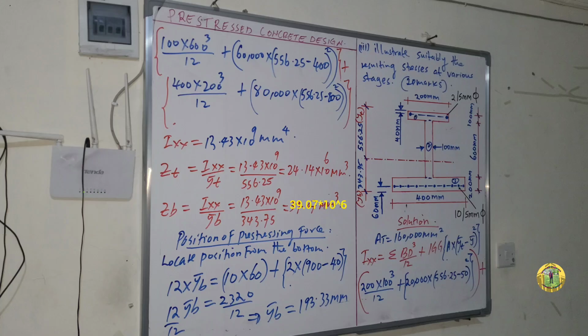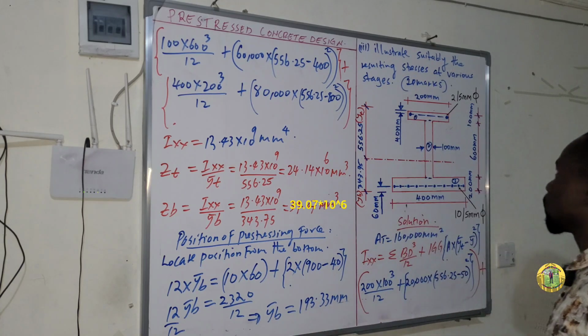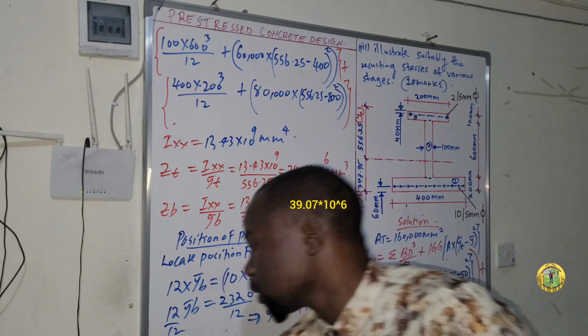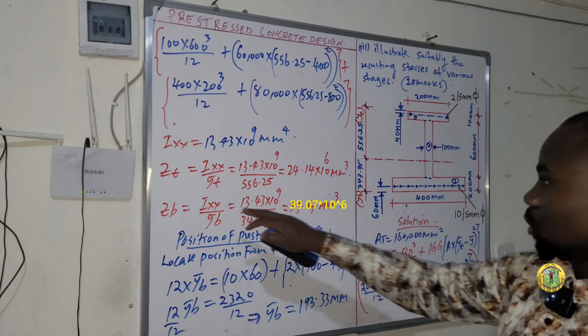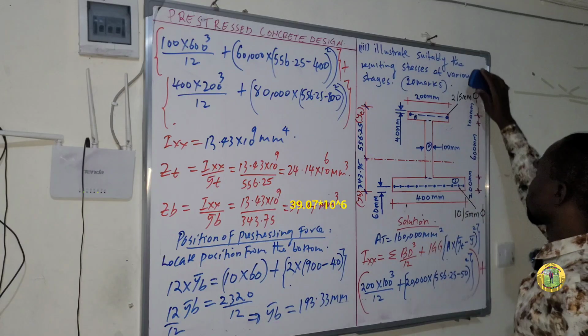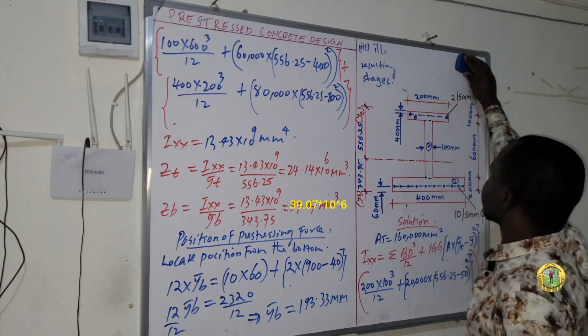So after calculating the position of this prestressing force, where the prestressing force is applied, you can now calculate the eccentricity. Yes, we can now calculate the eccentricity. So before I calculate the eccentricity, let's preserve this information, Z top and Z bottom, because we will use them in our proceeding calculation.